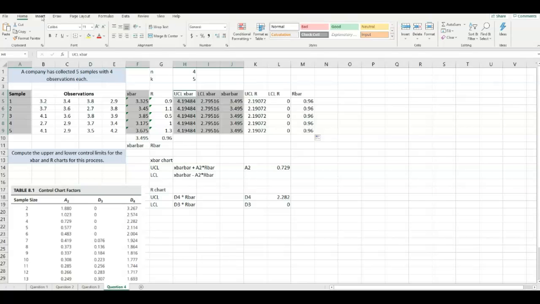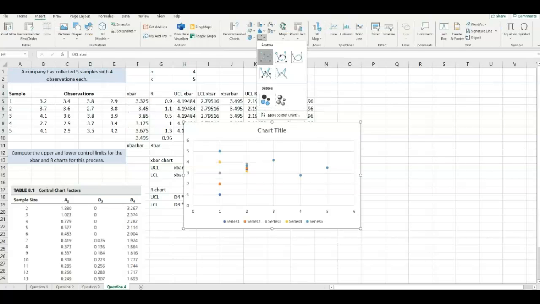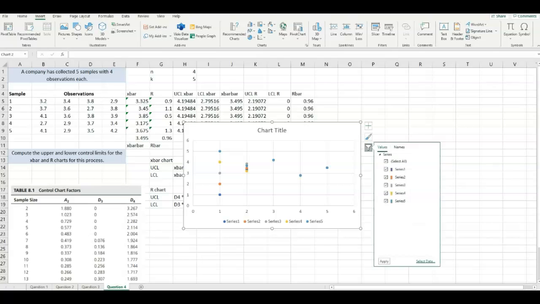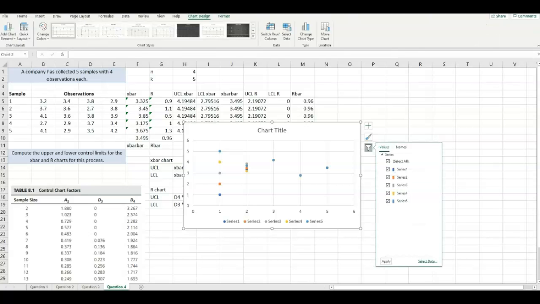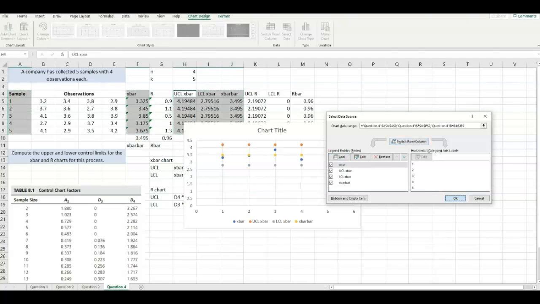Then we come up and we hit Insert, and we'll want to hit our scatter plot. Now, you'll notice this doesn't really look like an X bar chart. So if something like this happens to you, you come over here and you hit the chart filters. You hit Select Data, and you'll need to switch the row and the column.